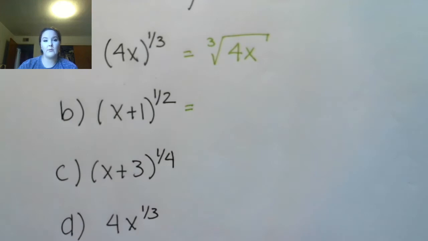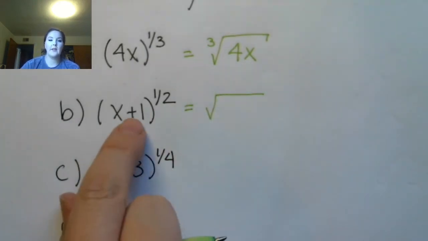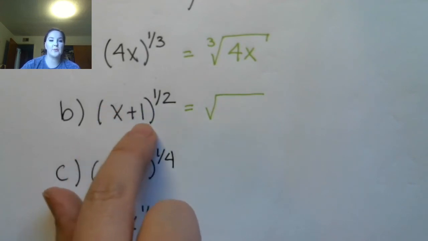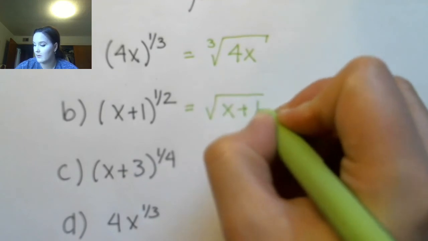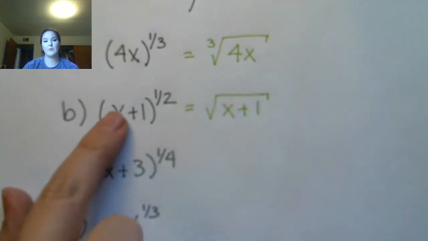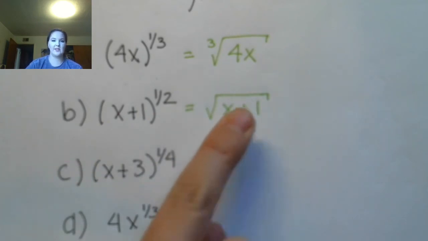Now we know we don't need to write 2 as an index, so we're going to leave the index out. And then the base, which is this whole expression in parentheses, becomes my radicand. Because this is in parentheses, the whole expression is the base.